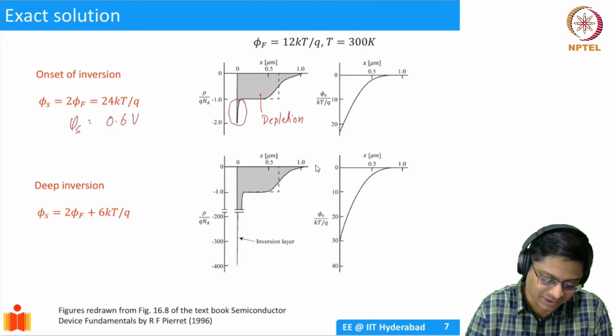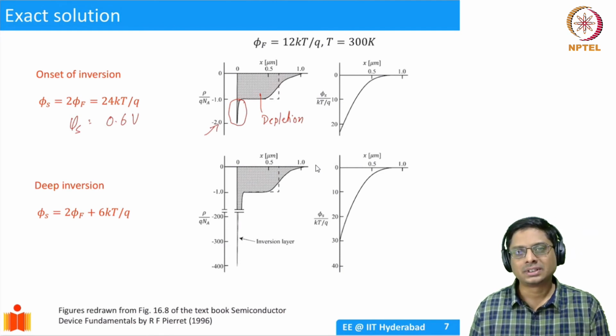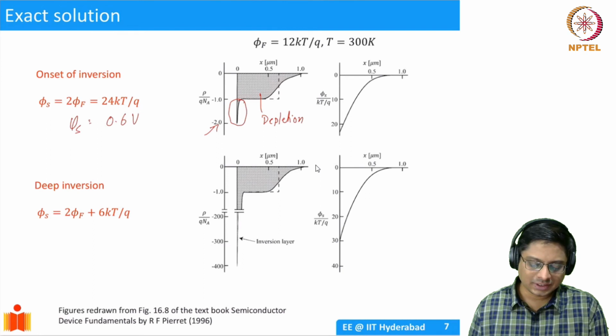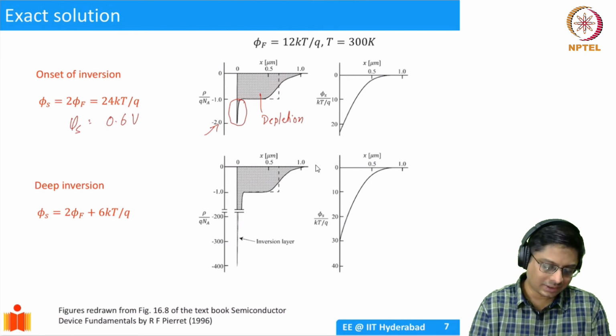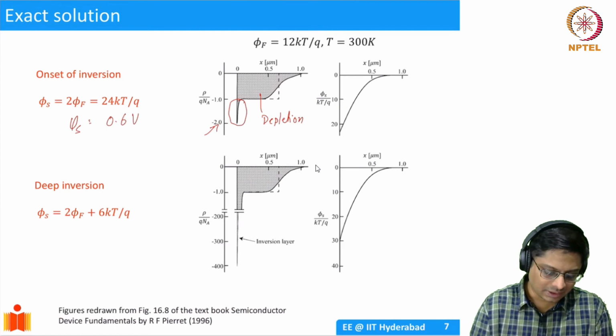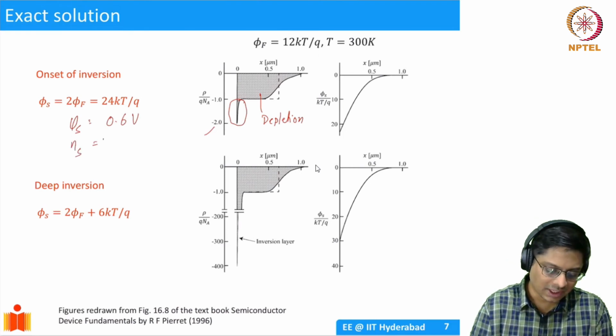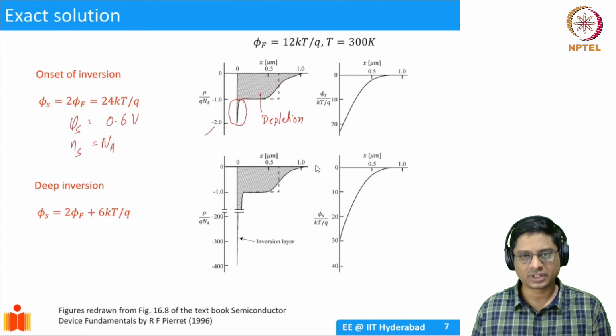And the peak appears to be exactly at -2. Why is that? The reason is at phi s equal to 2 phi f, n at the surface, ns I'll call it, okay? Electrons at the surface equal to Na, right?